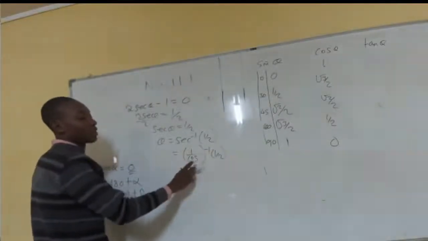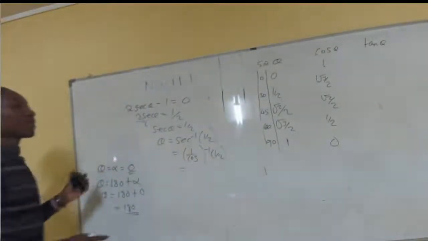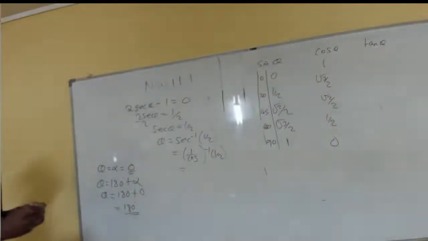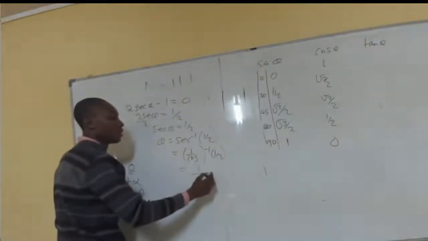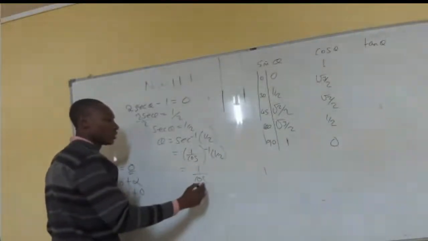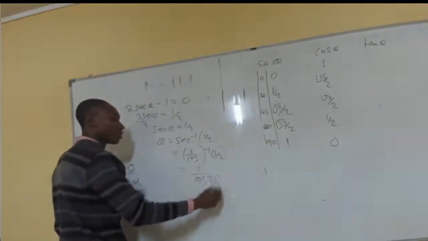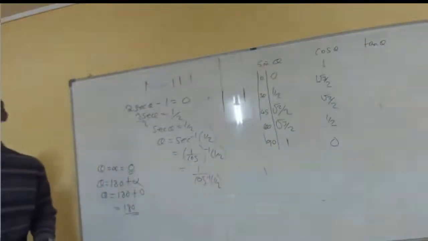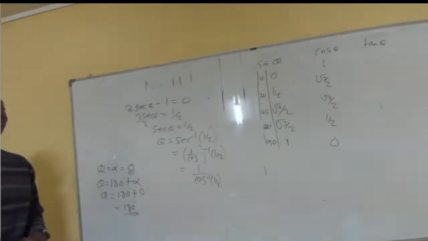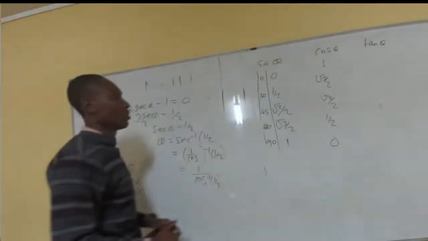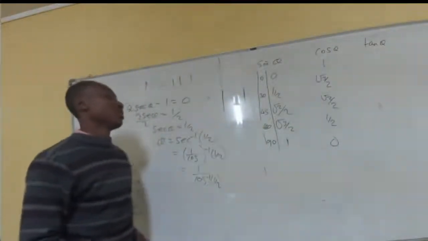So we're looking for 1 over cos inverse of 1 over 2. Now we know cos is actually 1 over 2 at 60 degrees, right?